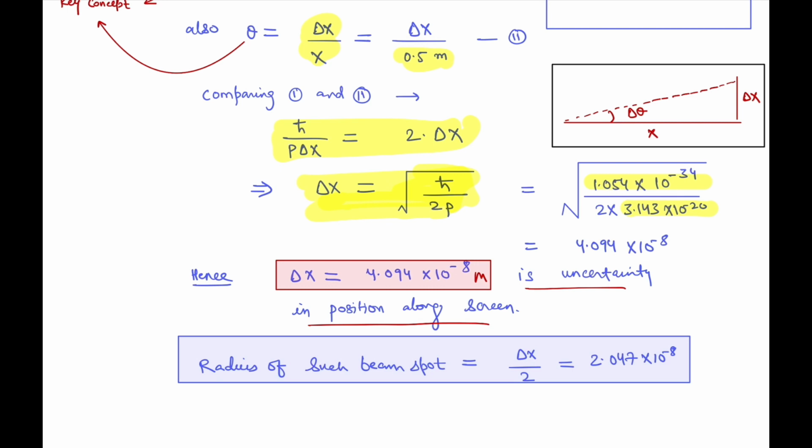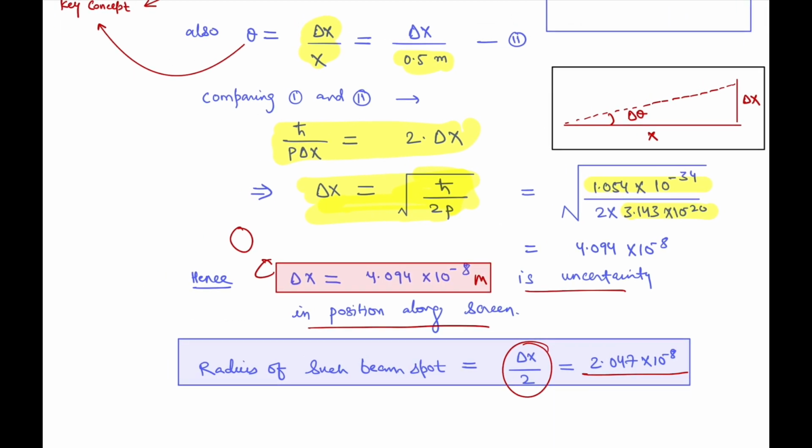So the radius, because this is obviously the diameter of the whole spot, would be half of it, that is 2.047 multiplied by 10 to the power minus 8. So we are done with all the important questions which are either PYQ or SPYQ for Heisenberg's uncertainty principle.